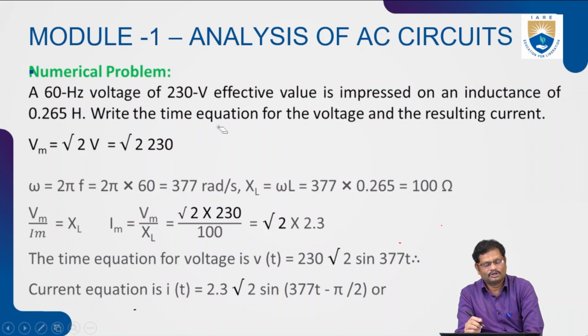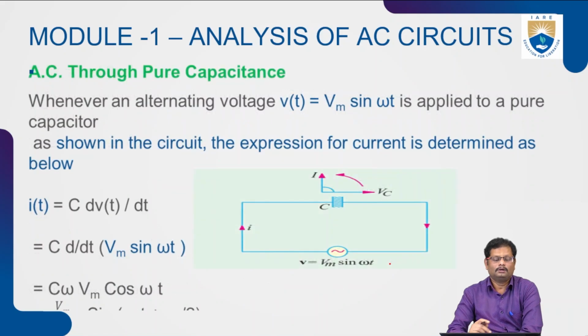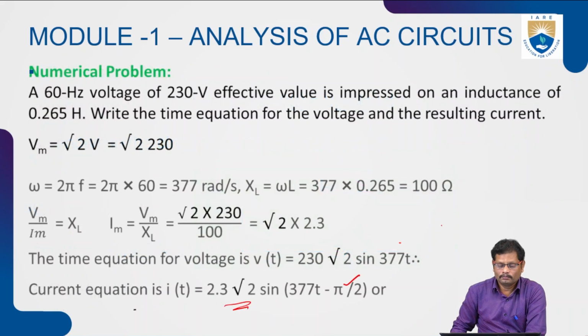And the current equation is I of t equal to Im sin (omega t minus pi by 2). Since it is a pure inductor, it lags by 90 degrees. So Im is 2.3 root 2, sin (377 t minus pi by 2), or minus 90 degrees.